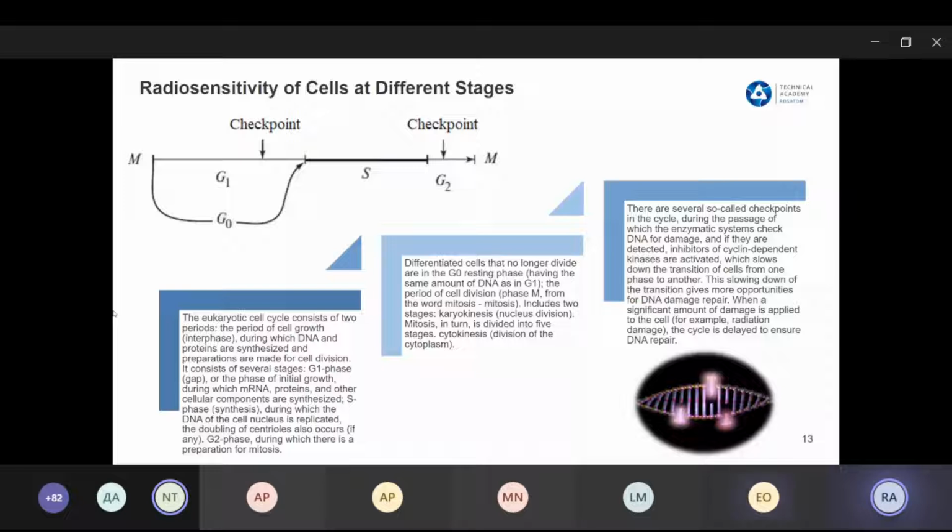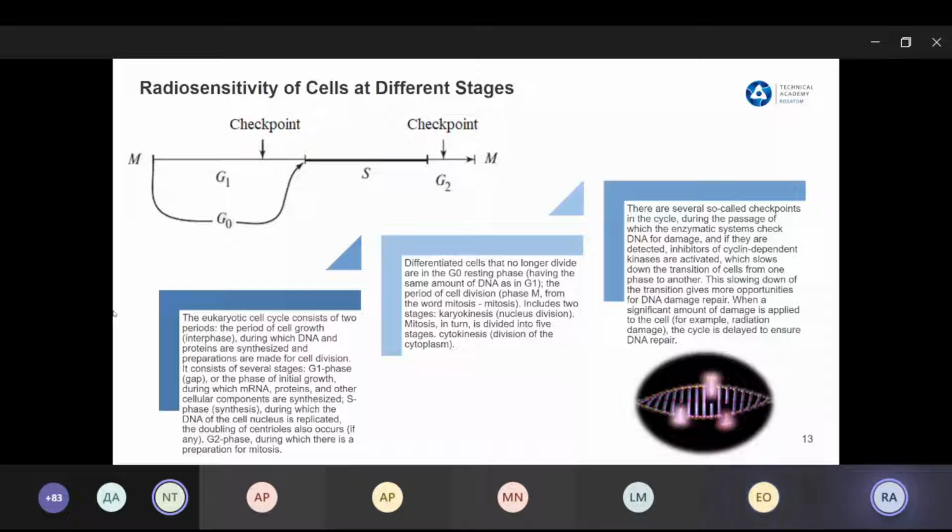Checkpoint control posts, during the passage of which the enzymatic systems check DNA for damage, and if they are detected, inhibitors of cyclin-dependent kinases are activated, which slows down the transition of cells from one phase to another.